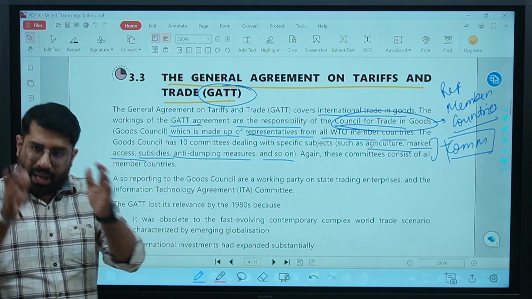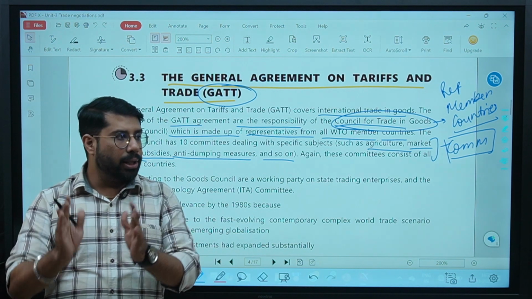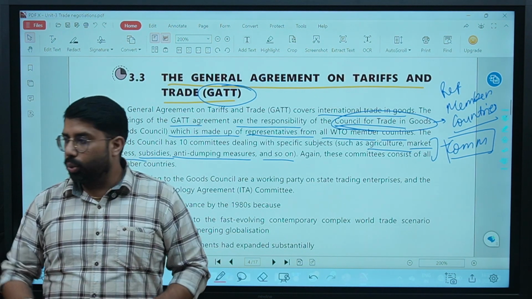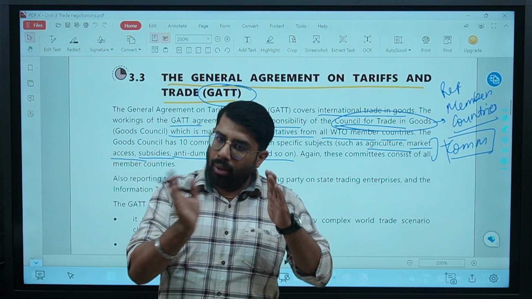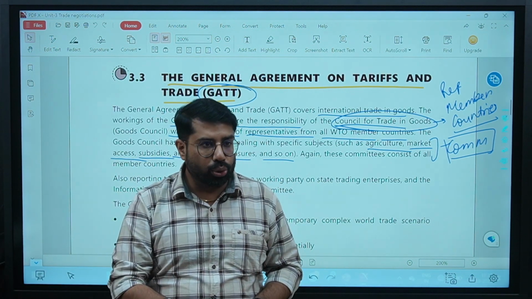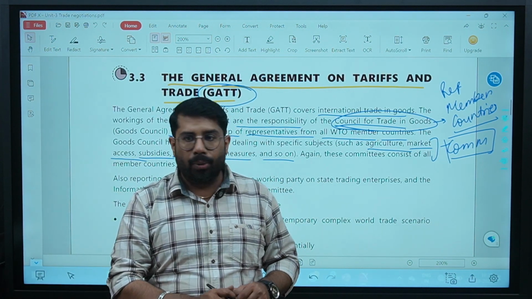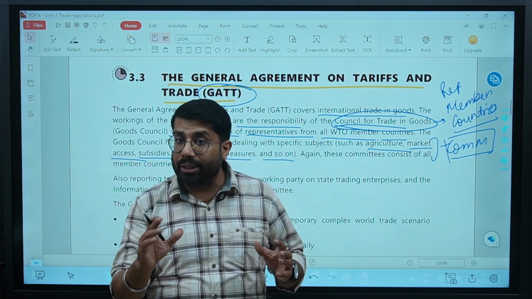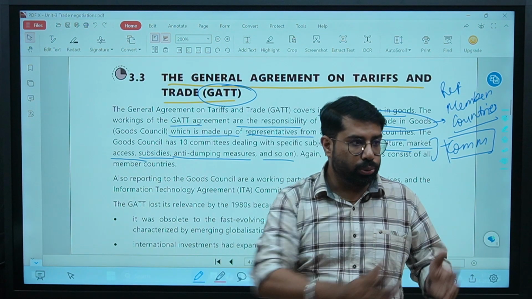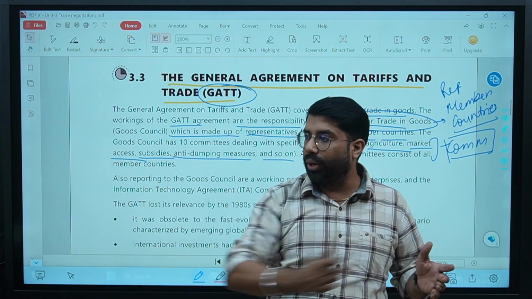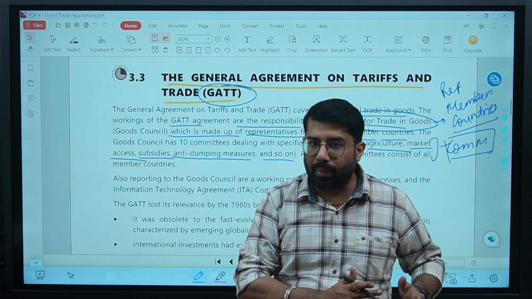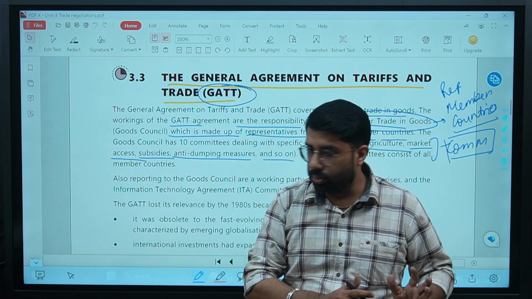For agricultural goods, one committee. To see dumping should not happen, one committee. To see that all the rules are followed by all the countries specifically, one committee was formed. So there were different committees formed for every subject. Are we clear? Yes or no?